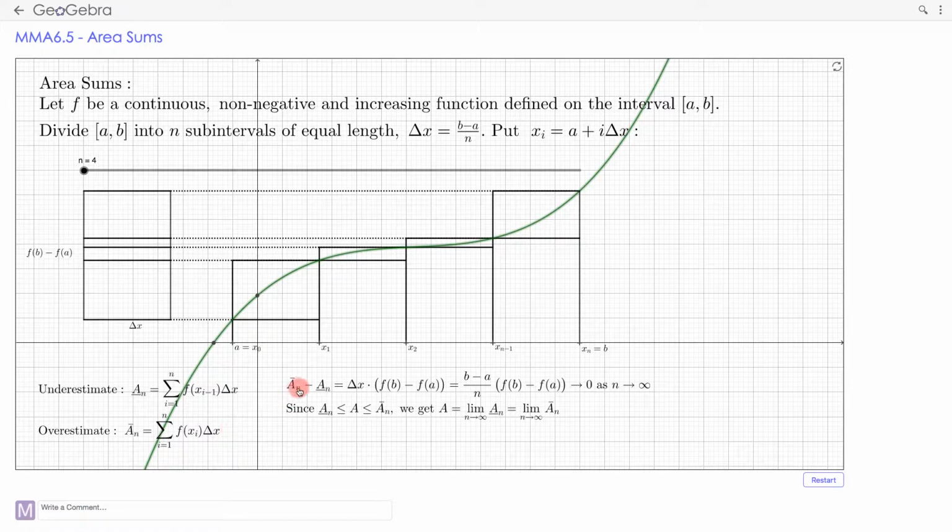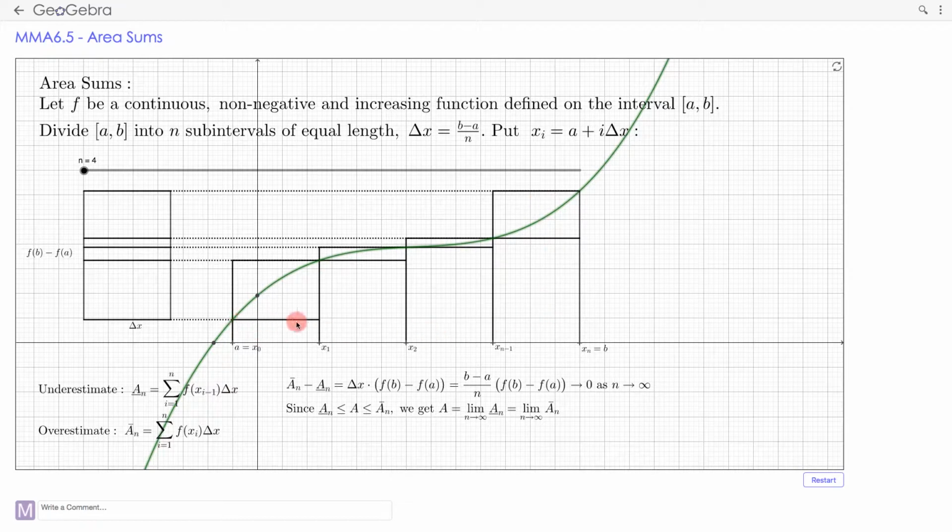Now, the point here is that if you look at the difference between the overestimate and the underestimate, in reverse order, because we know that the overestimate is the largest number, right? This is something we can write like this. This may be a bit surprising that it's so simple, but let's see why. So basically, you can see it on this drawing here.